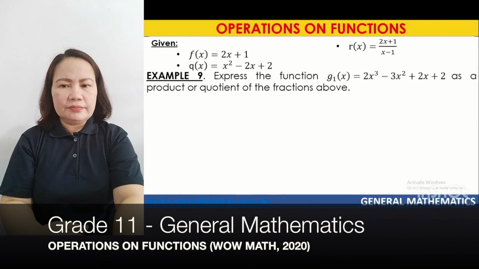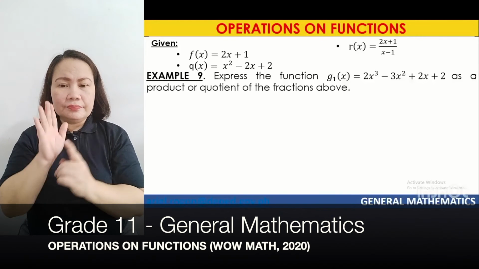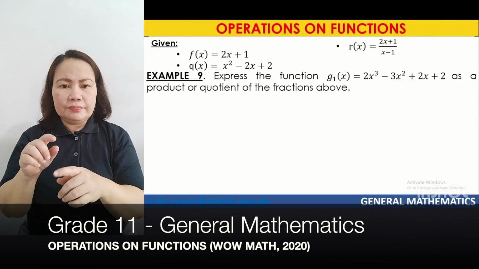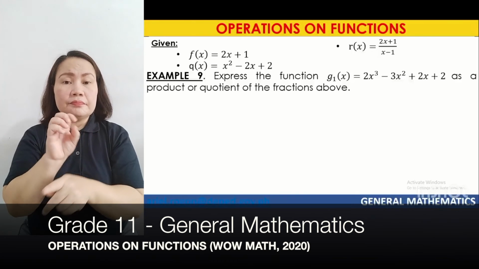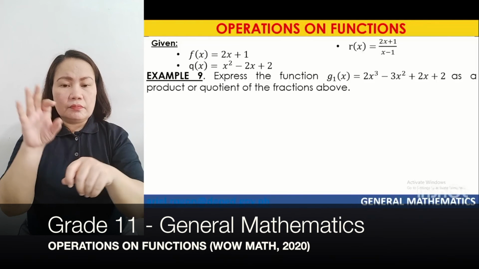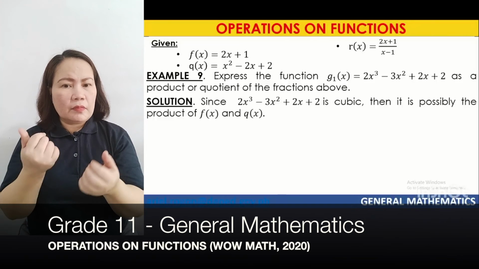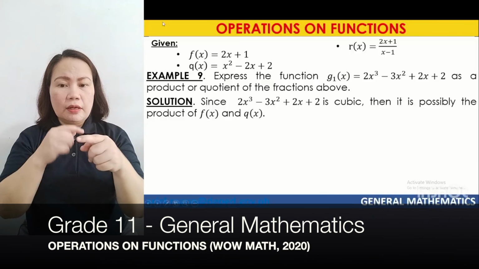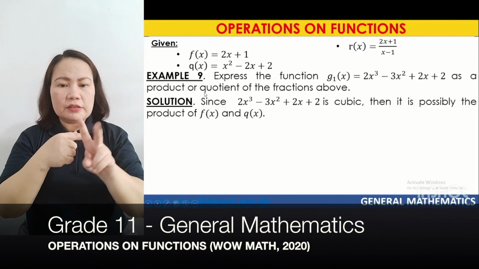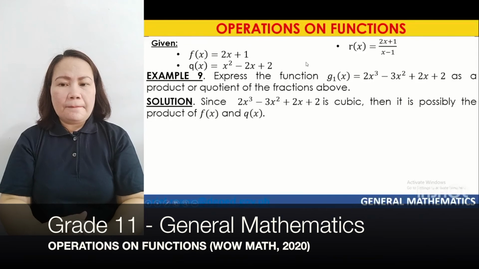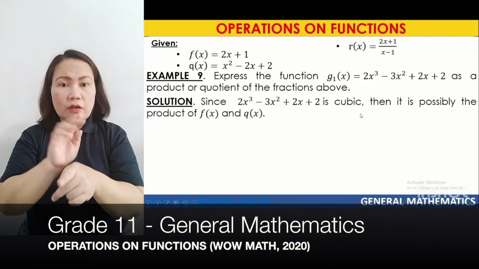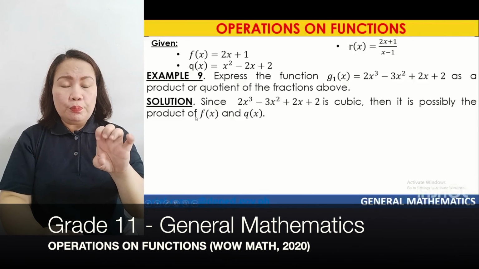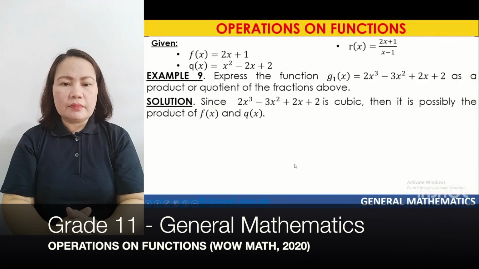Oh, more examples. Express the function g1, that's q of 1, as a product of the functions above. Which one could it be? Since 2x cubed minus 3x squared, what you will use is either the product or quotient of the functions given above. Then it's possible, since we have a cube, that multiplication is used.